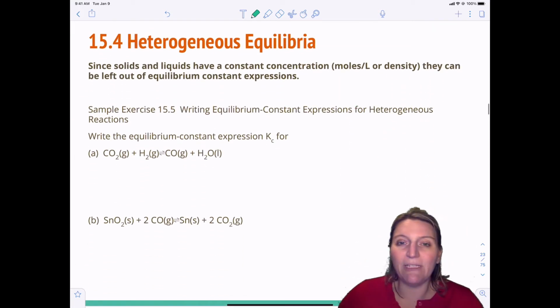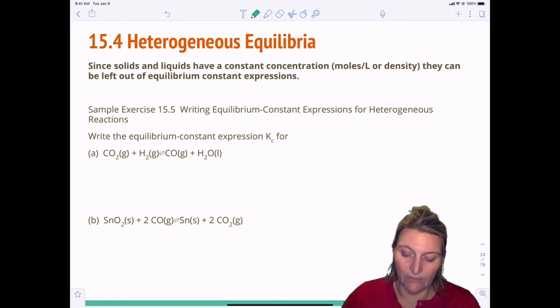Since solids and liquids have a constant composition, their concentration is basically their density, and density and concentration are maybe a little bit dependent on temperature, but honestly not much. They're sort of considered constant throughout it, and so we don't need to include them in writing the equilibrium constant expressions.